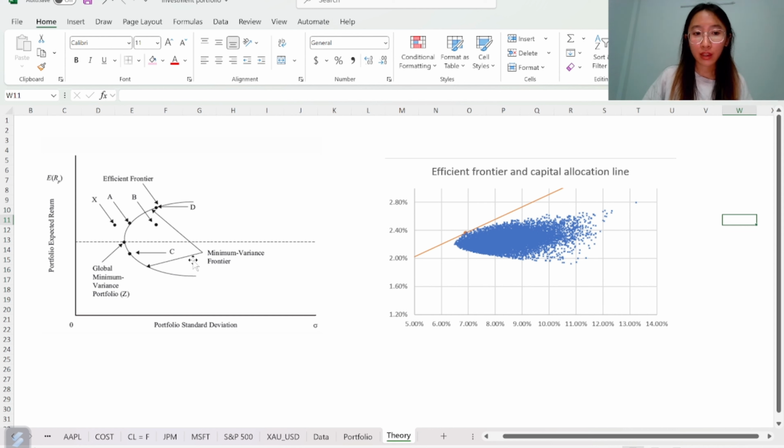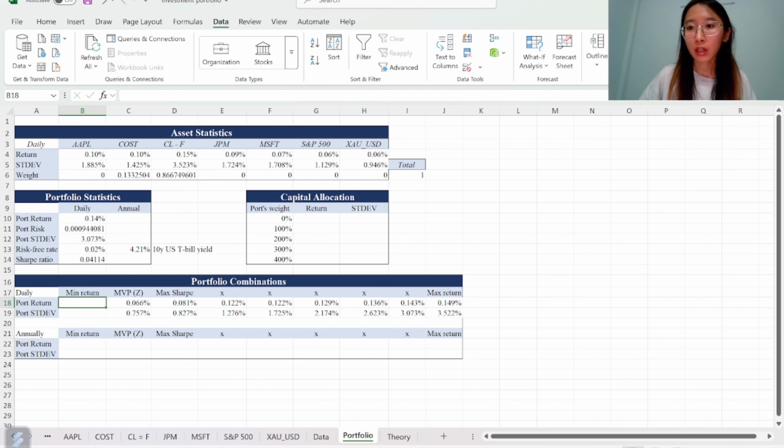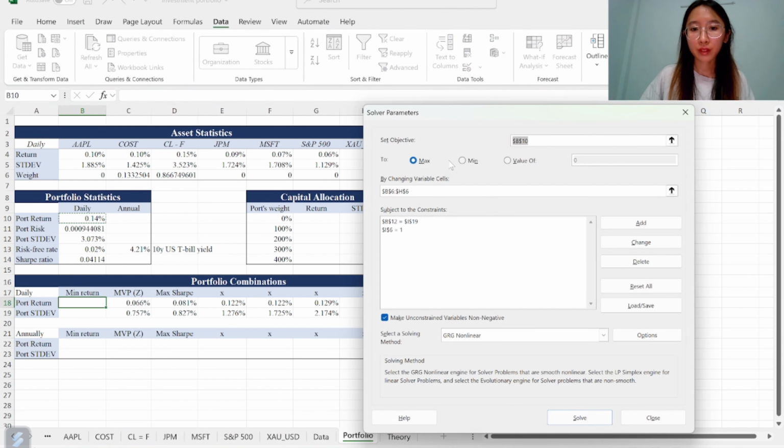It is not in the efficient frontier, but I want to add it in because it will create a hook to my graph, so it will make it a little more common, conventional for us to see it like that. So let's create a minimum return portfolio. Change this to minimum and then delete this constraint.